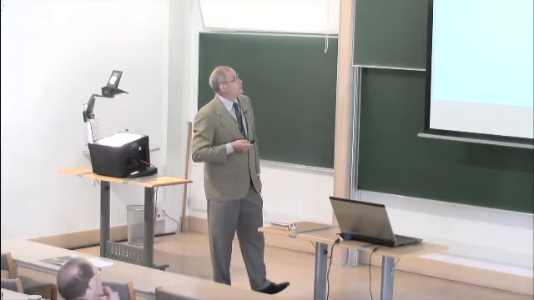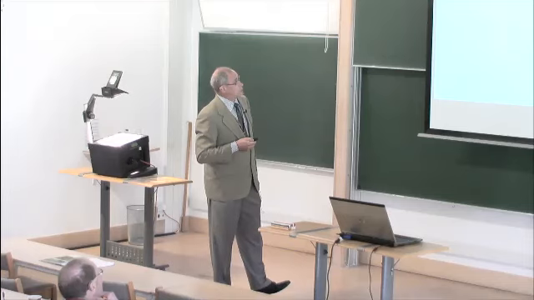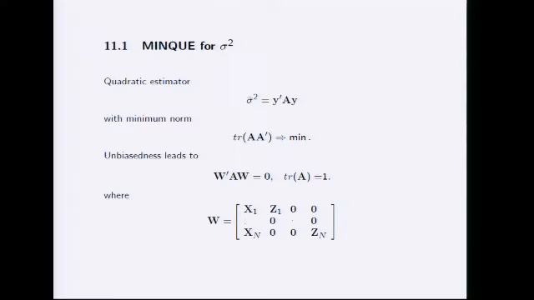Let me talk about MINQUE for sigma squared. Basically, you say that I'm looking for sigma squared using this quadratic form, where A is a matrix, and this is a huge matrix. Remember, Y is a long vector of my data, so I combine all observations from different clusters. Among all these A's, I want to find A such that this trace is minimum.